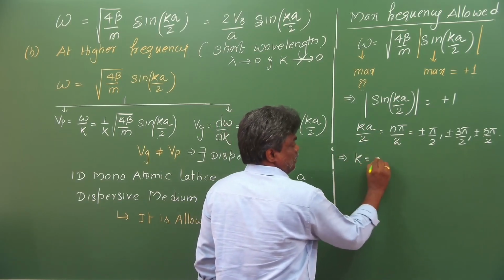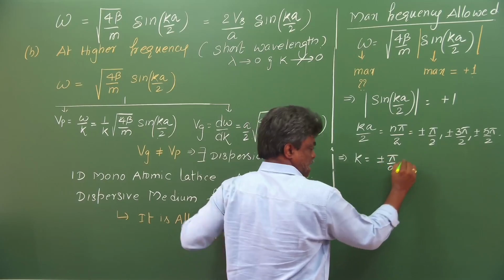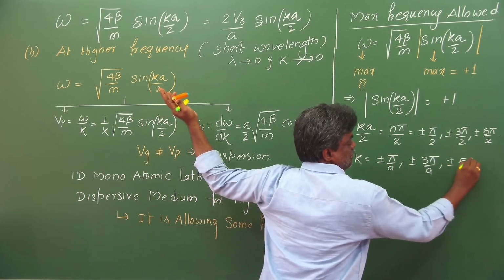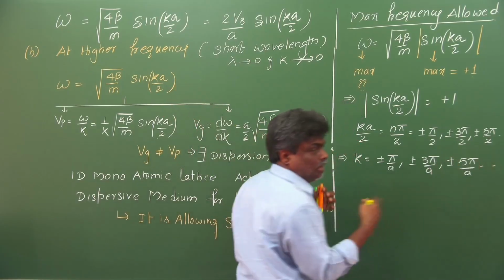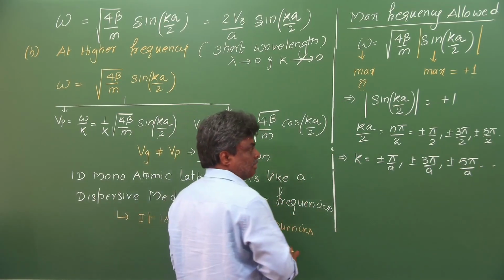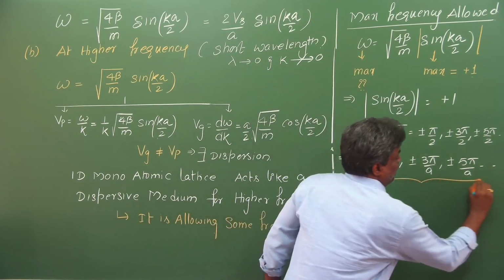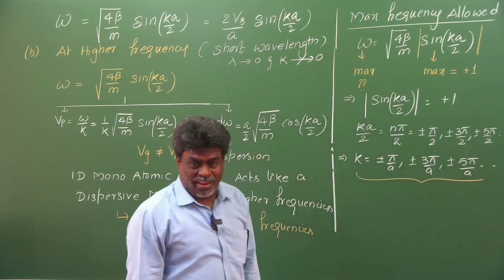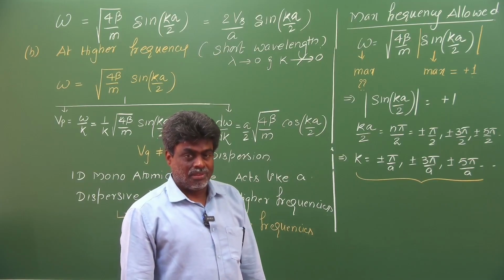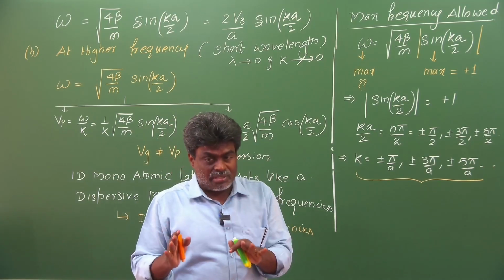K equals plus or minus pi by A. At all these values of K you are getting omega maximum, and it is allowing some frequencies up to a certain maximum value.